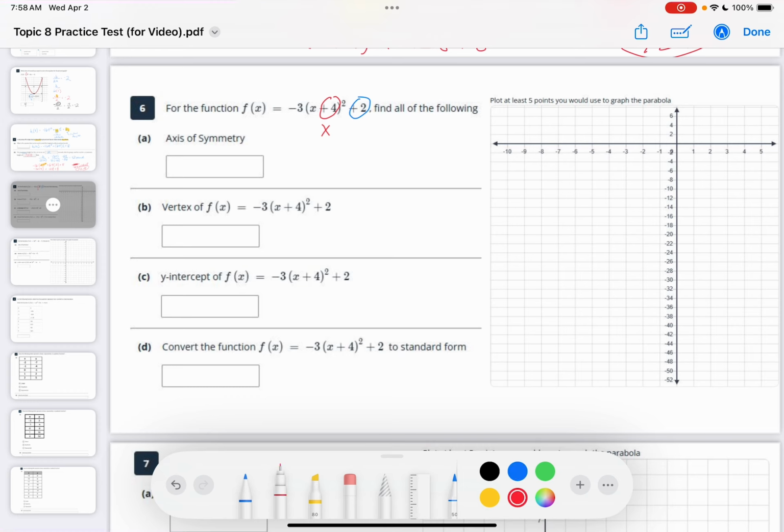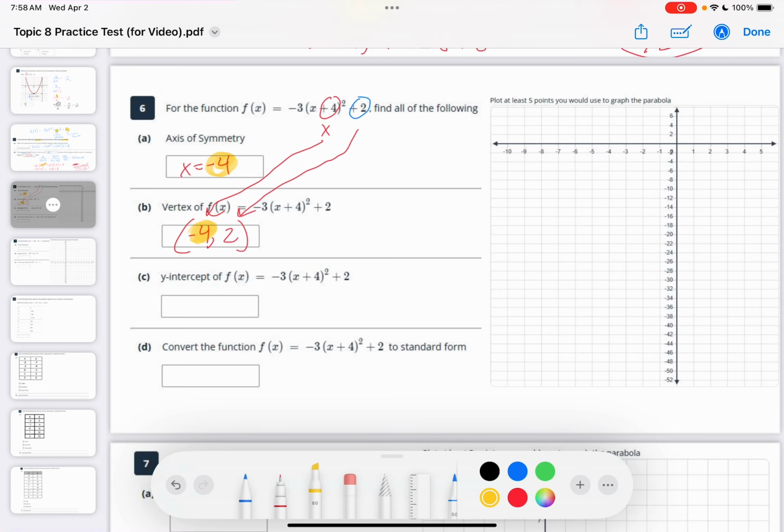I'm going to go down here and say my vertex is actually just negative 4, 2. Again, that piece goes there, that piece goes there. If that's my vertex, that's my axis of symmetry. Because again, these two are always going to match.